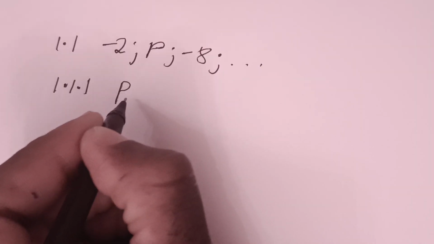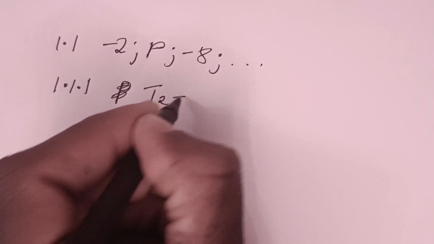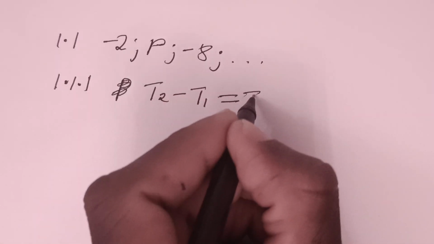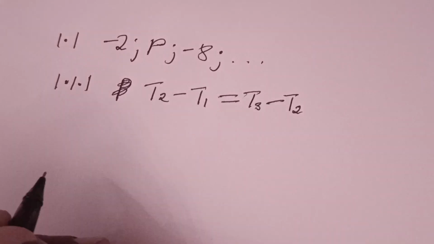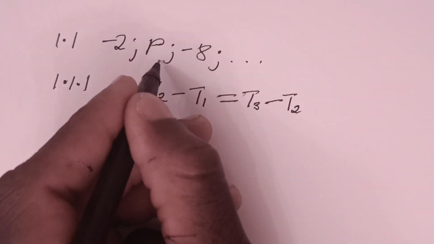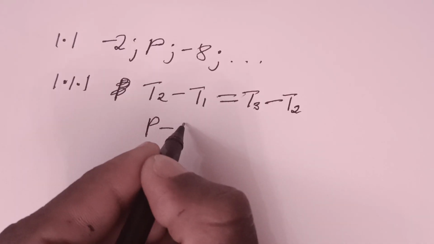So that we're going to say T2 minus T1 must be equal to T3 minus T2. What is T2? T2 is p minus T1.